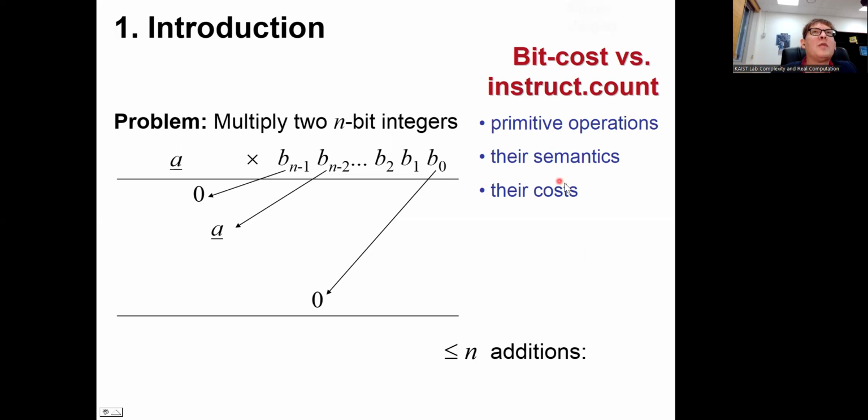So that's the cost hypothesis, and there are no wraparounds. That's our second hypothesis on the semantics of the primitive operation addition. But again, as you know, this is an unrealistic prediction of the actual performance, because we cannot simply count the number of additions.